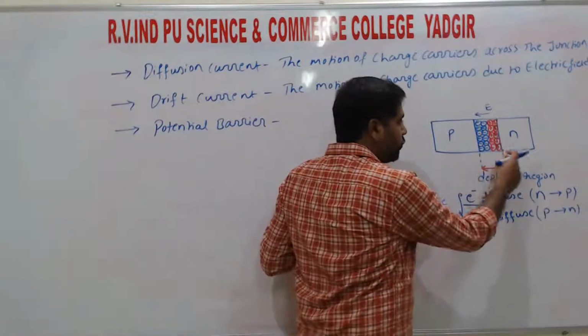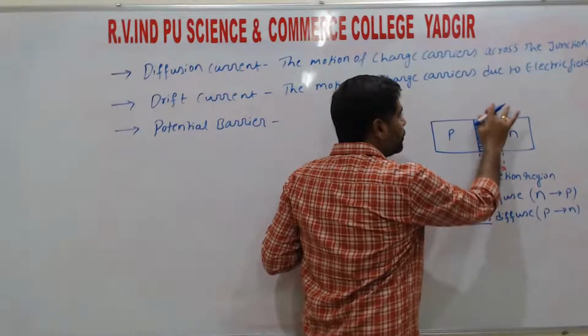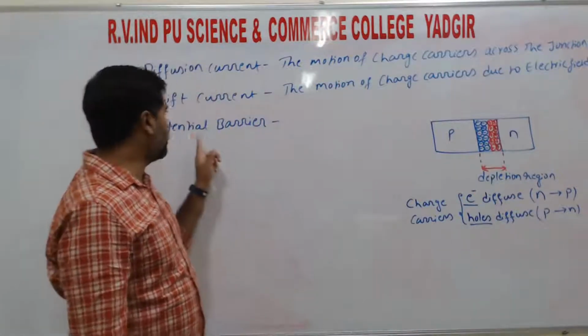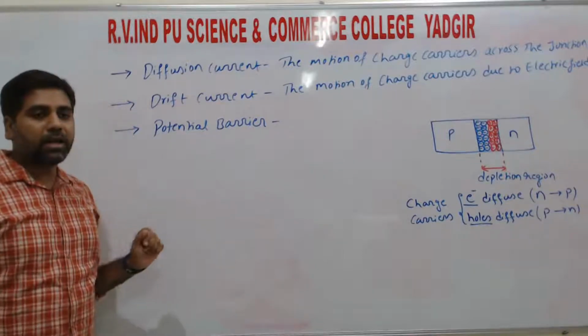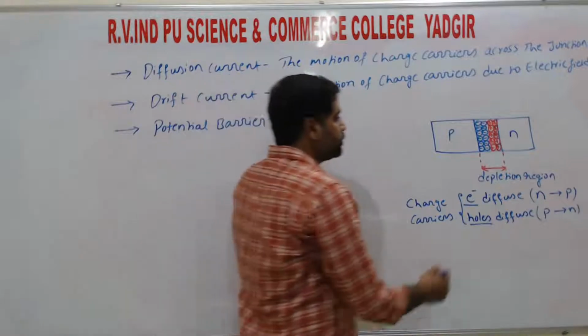During the diffusion process, a potential forms across the junction. That potential we call the potential barrier, or barrier potential, right?